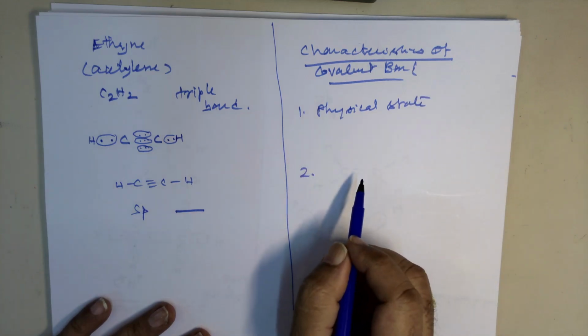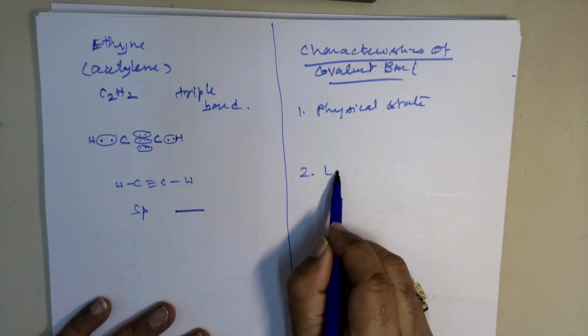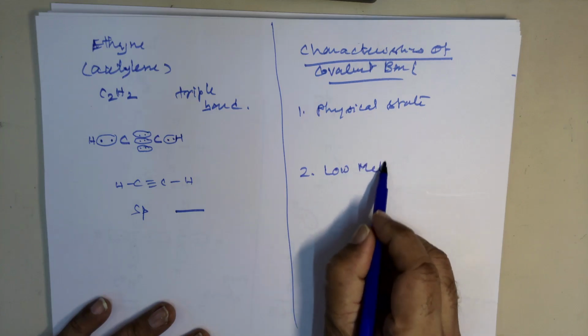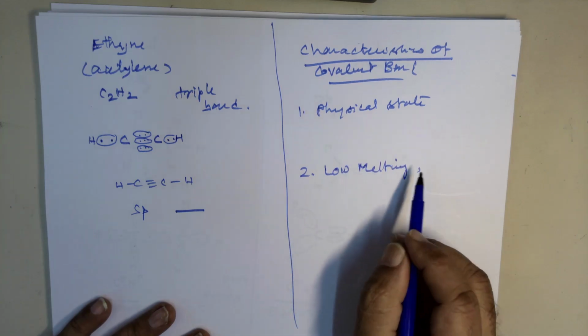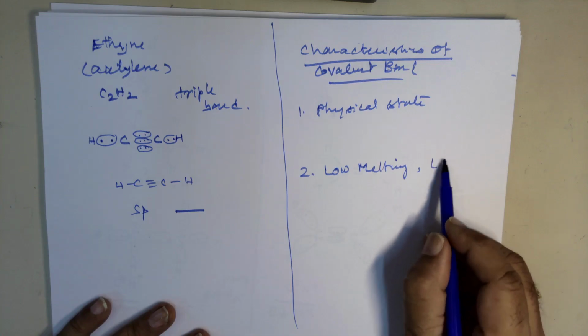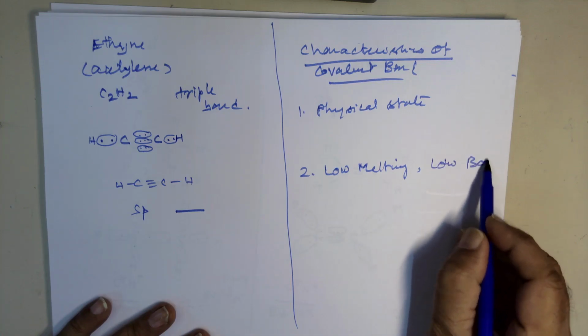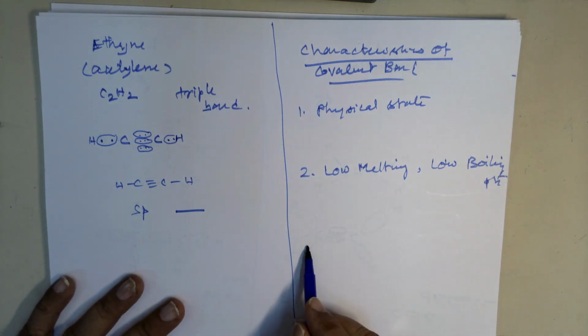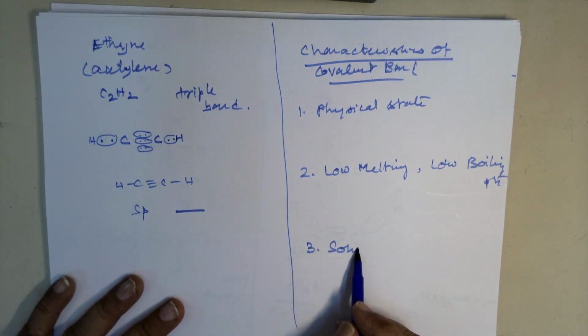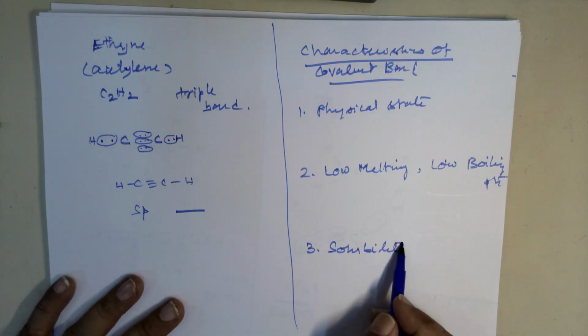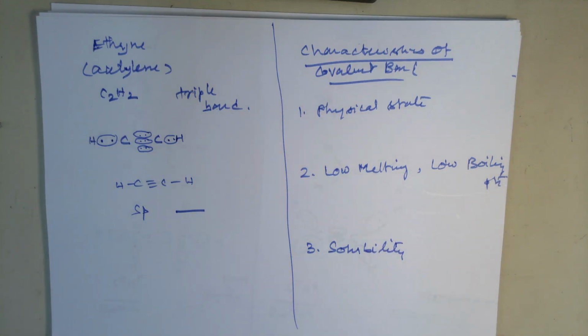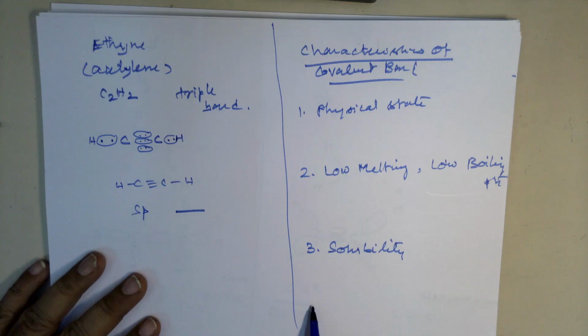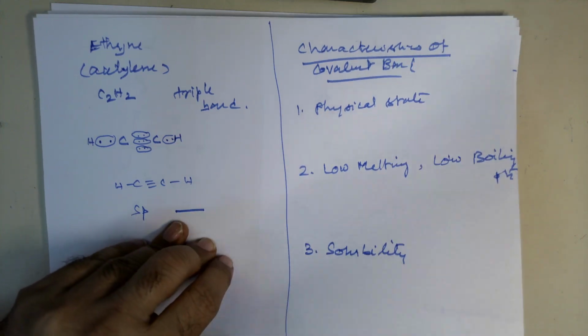Secondly, you should be aware of the low melting and low boiling points. Then let us discuss the solubility aspects of covalent compounds: how about the solubility in water, that is in polar solvent, and in non-polar solvent, etc. Then we'll discuss the electrical conductivity.